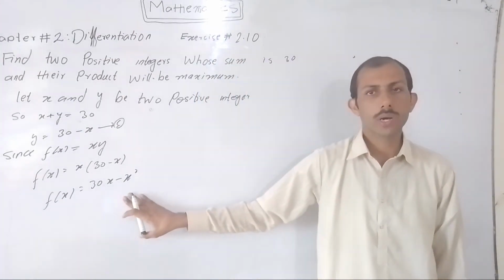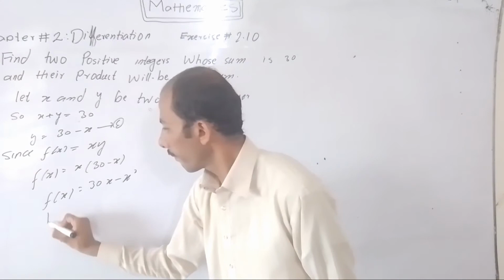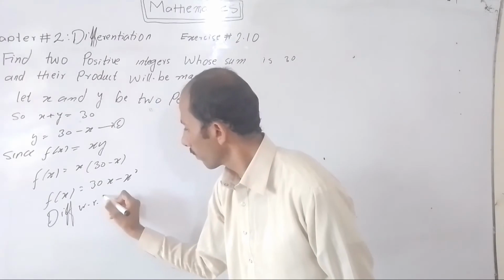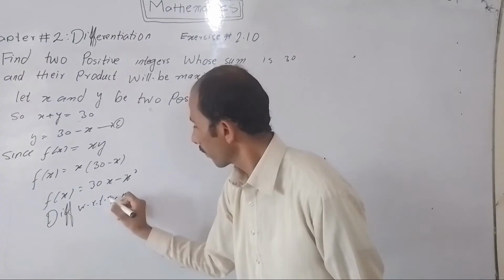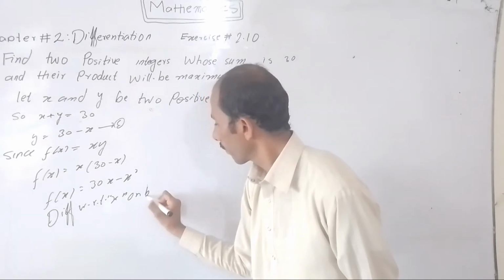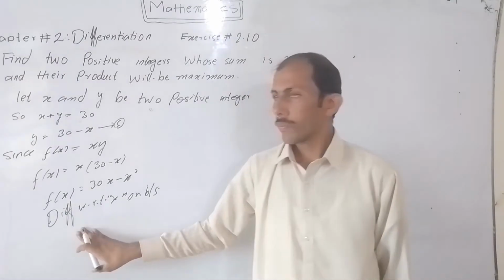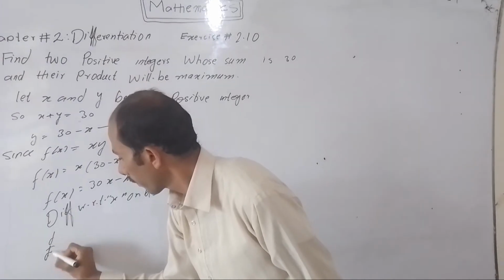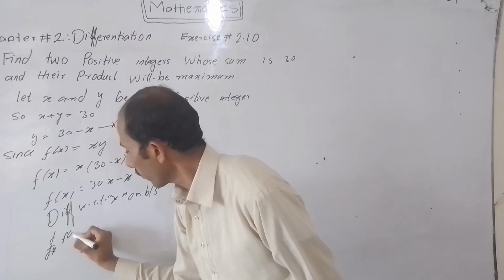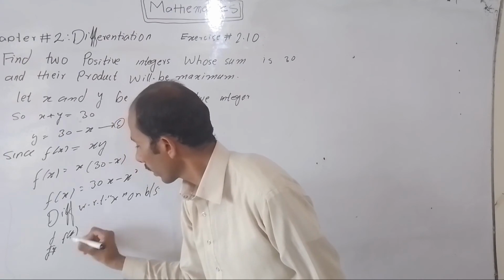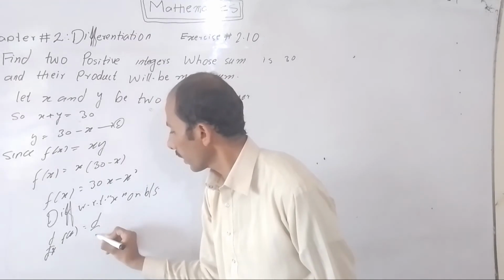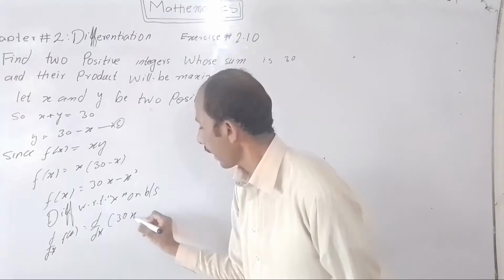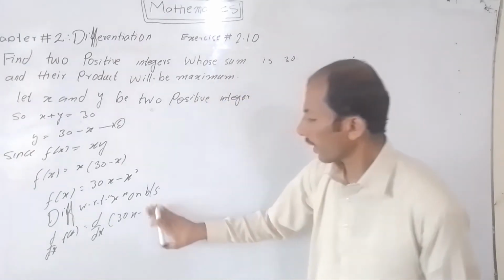Differentiate with respect to x on both sides. Derivative of f of x is equal to derivative of 30x minus x square.